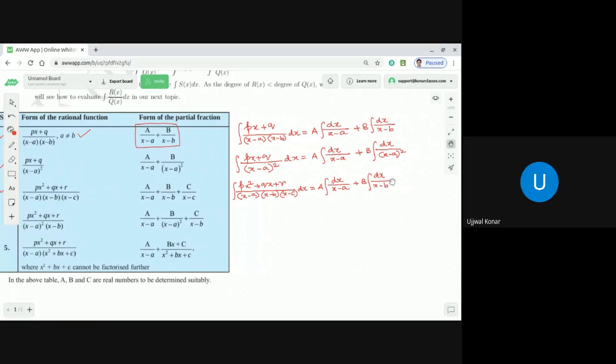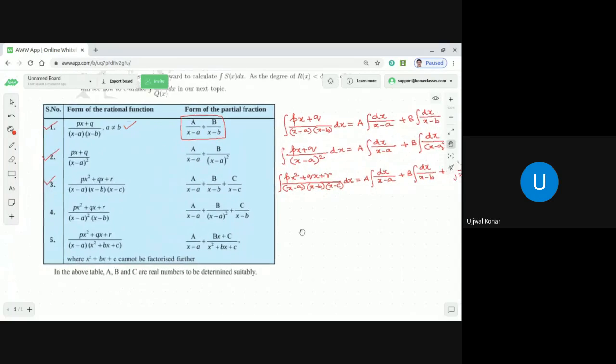Plus capital C integration dx by x minus c. And I think I need not say how to perform each of these integrations on the right hand side. It is so simple.